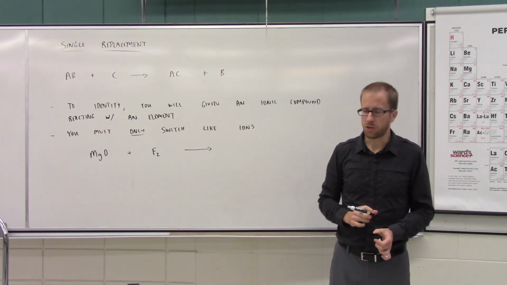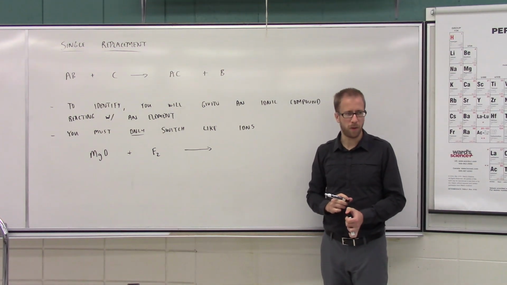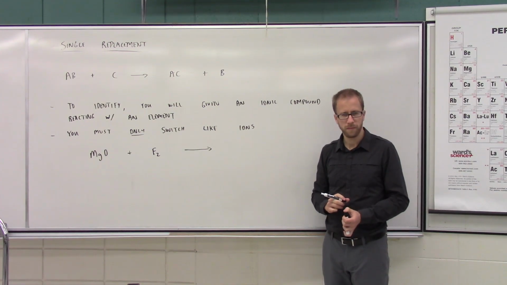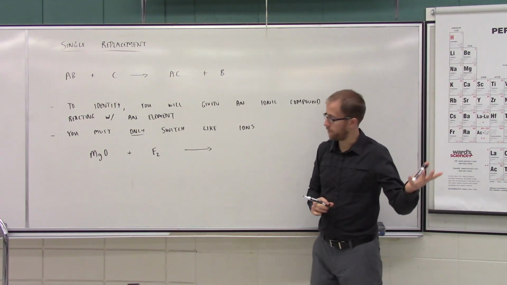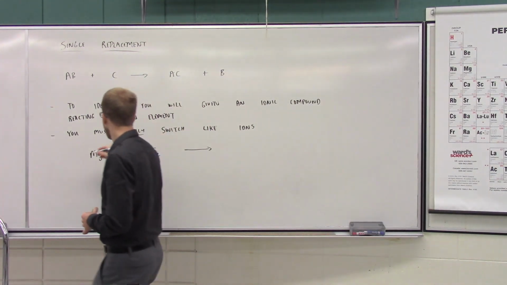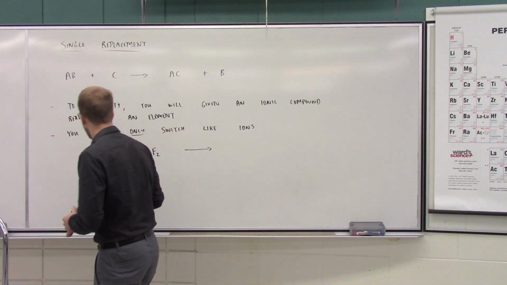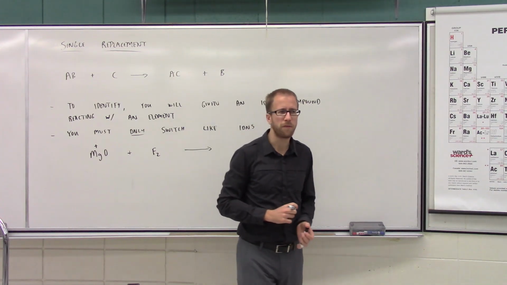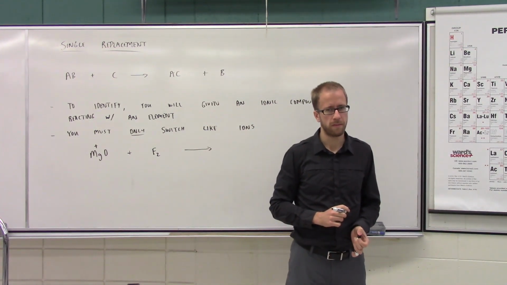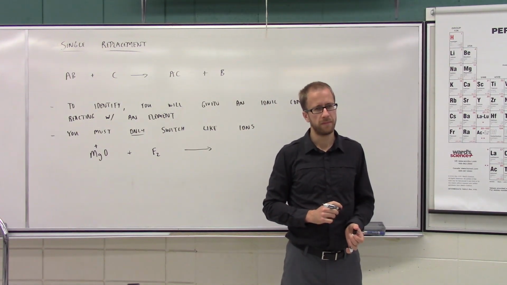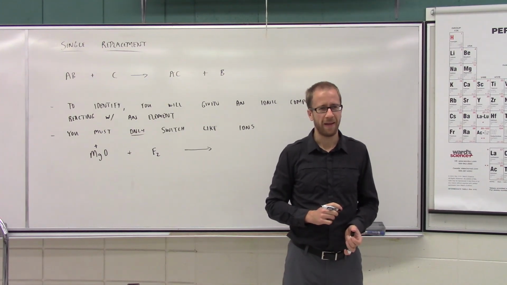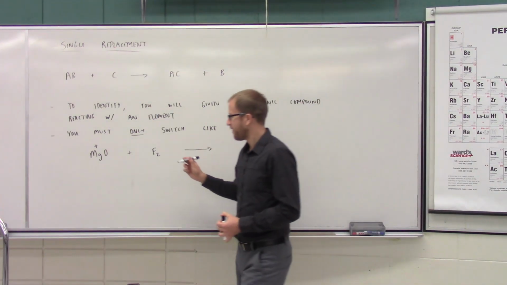Now, what charge does magnesium have when it forms an ionic bond? Positive. We don't have to worry about the magnitude at this very second, but you're right, it is 2. So it forms a positive. What about oxygen? Does it form an anion or a cation? Anion, right? It's negative charge.